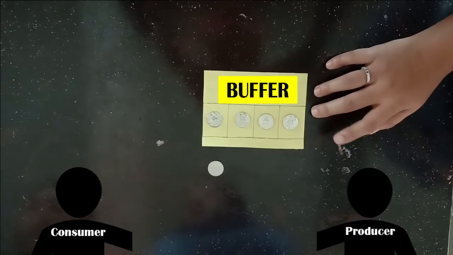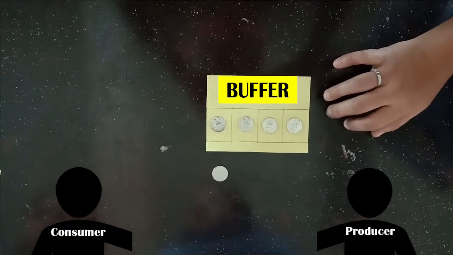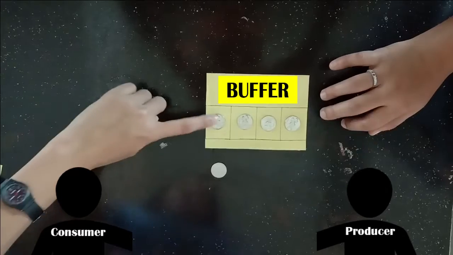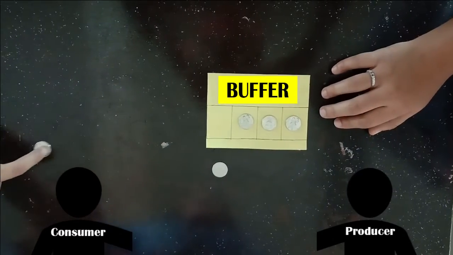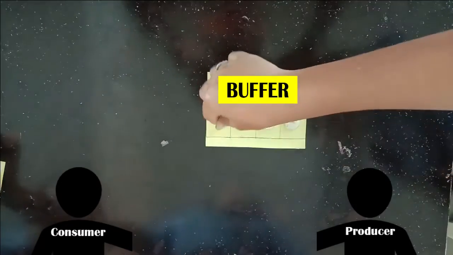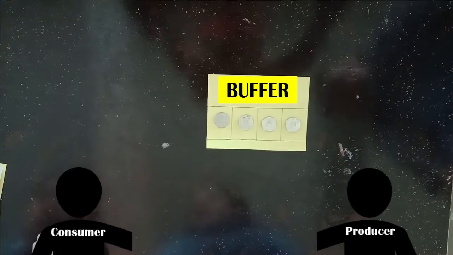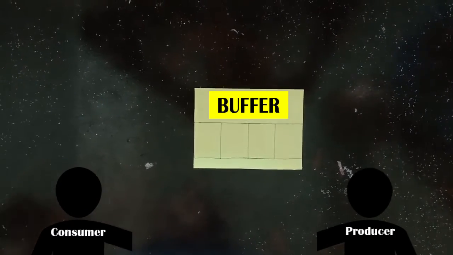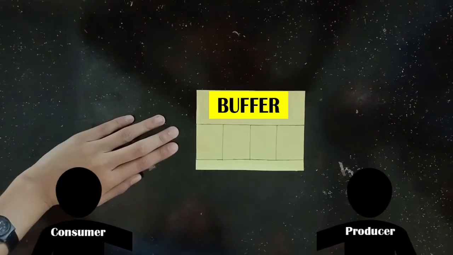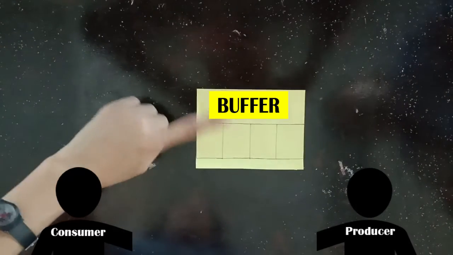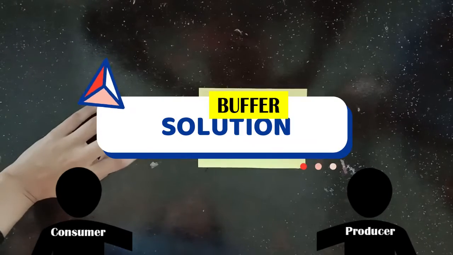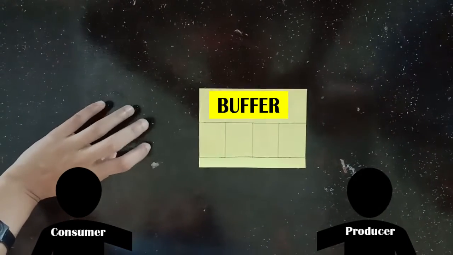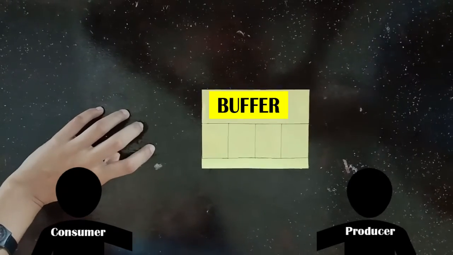The producer must pause and wait until an empty space appears in the buffer. In the case of the consumer, he needs an item to proceed, but the buffer is empty. The consumer must pause and wait until the producer puts an item in the buffer.